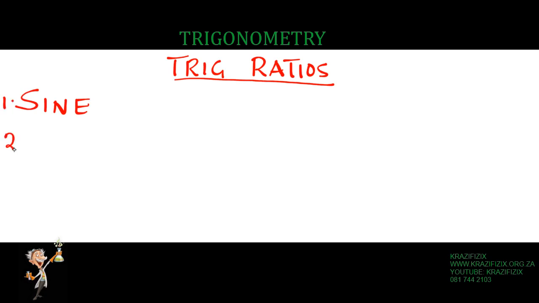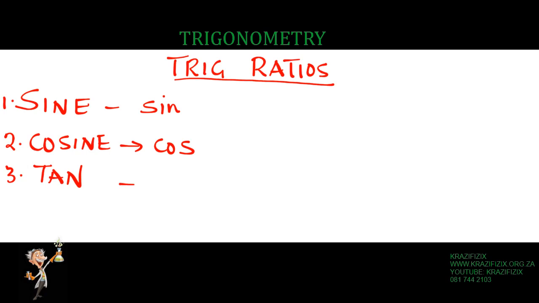The second one, we have cosine. And the third one, we have tan. Alright. When we write them in short form in small letters: sine, cos, and tan. Alright, so we always write them in small letters. So those are the short forms. We are going to define all these ratios just now.